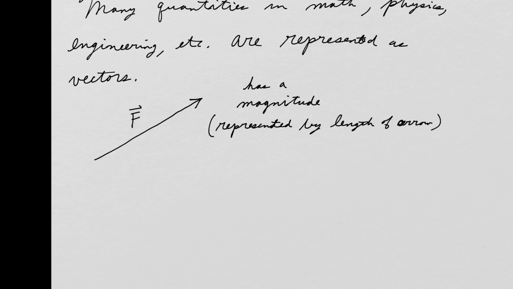And it has a direction, which is given by the sense of that arrow, the direction of that arrow. Now, usually, if you want to give a numerical value for the direction, you'll plot your vector in a Cartesian coordinate system.